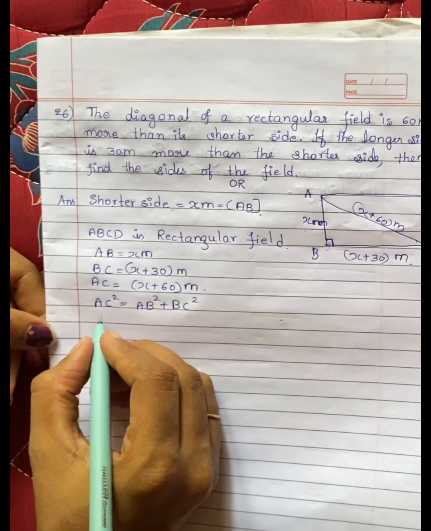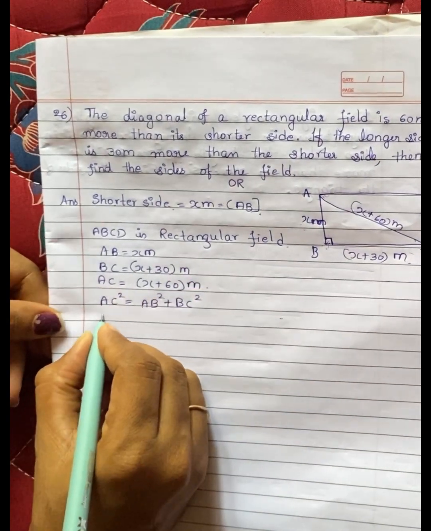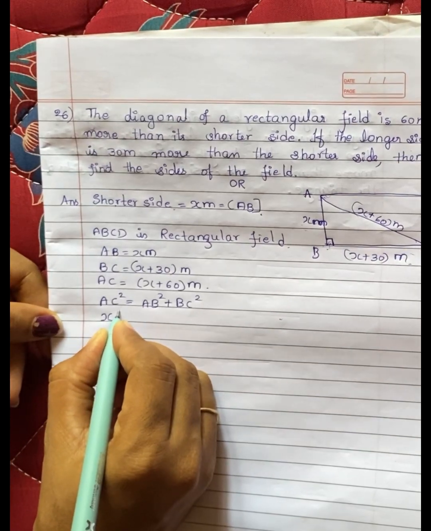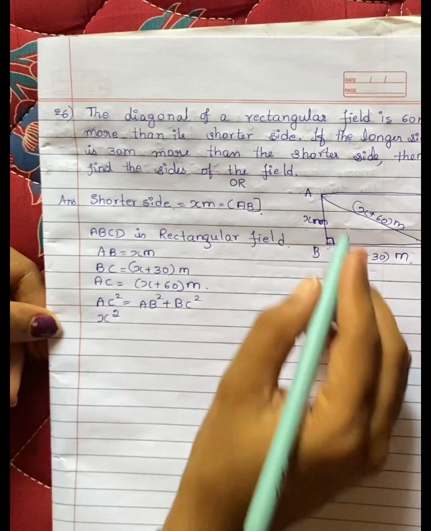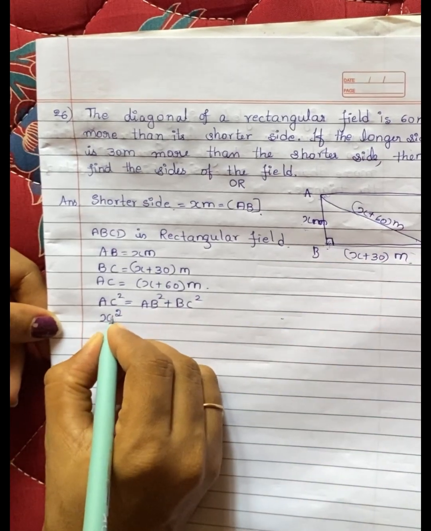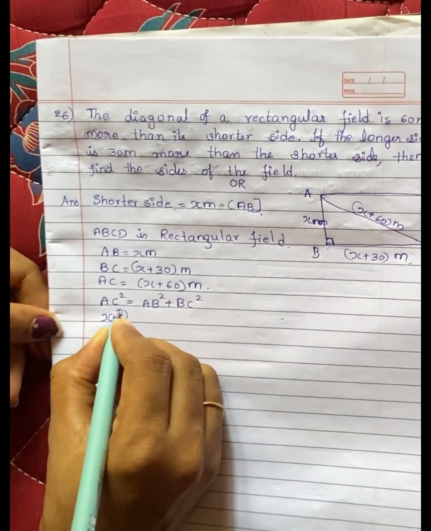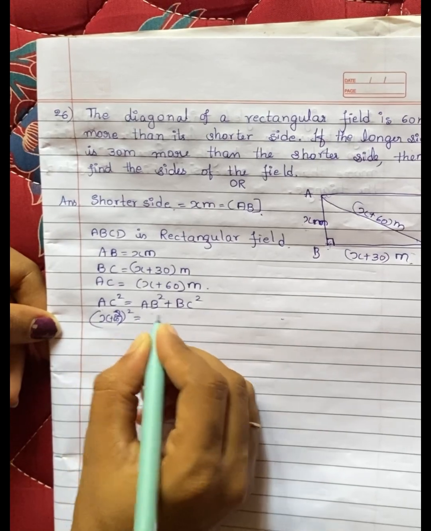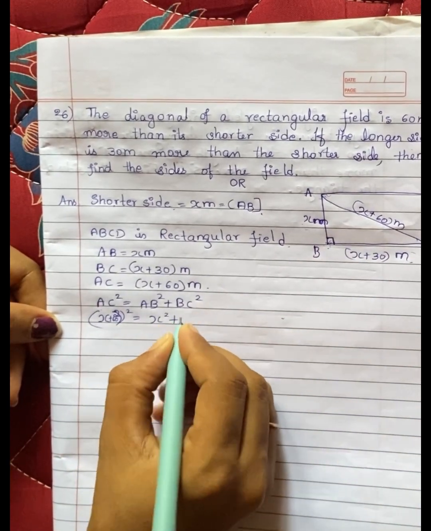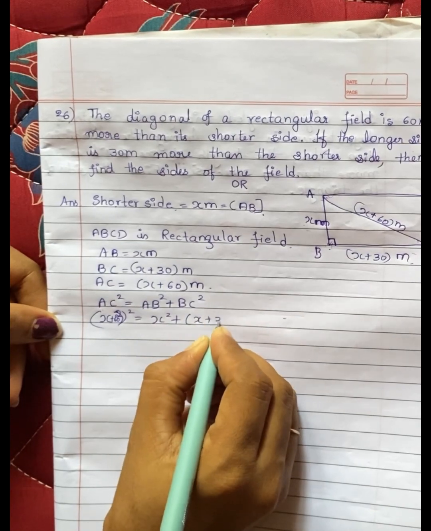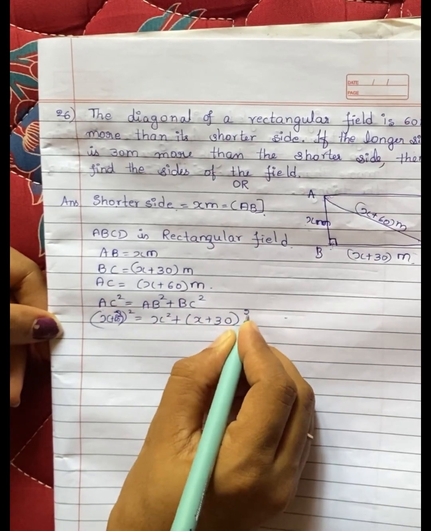Now we need to replace it with the values. AC is x plus 60. So x plus 60 whole square is equal to AB, x square, plus BC, x plus 30 whole square.